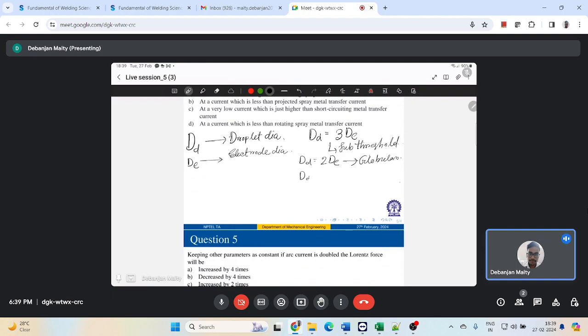If DD is DE, we call it spray transfer. And if DD is half of the electrode dia, we call it jet metal transfer. So that is the most fine droplet you can think of, right?